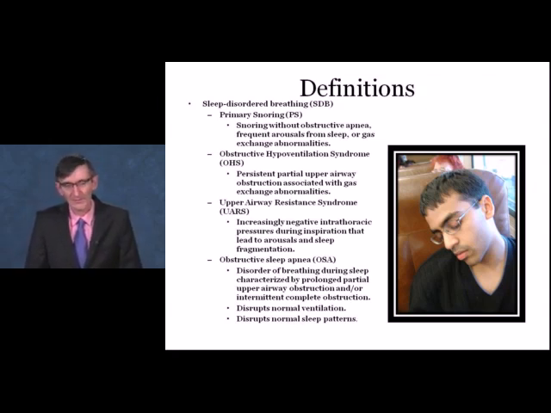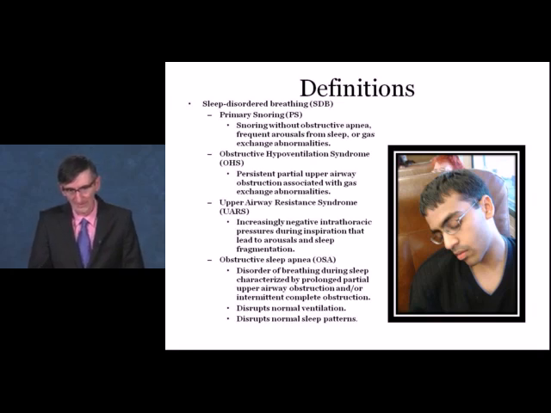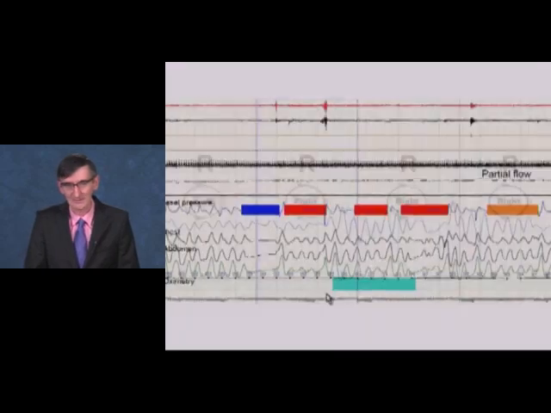And then you have upper airway resistance syndrome, a bit like what I was describing to you, where you have the upper airway obstruction, which causes you to arouse from sleep. And then the frank obstructive sleep apnea, which is characterized by apnea, disruption of ventilation, and disrupts normal sleep patterns, but you have to be very severe in pediatrics to disrupt normal sleep patterns.